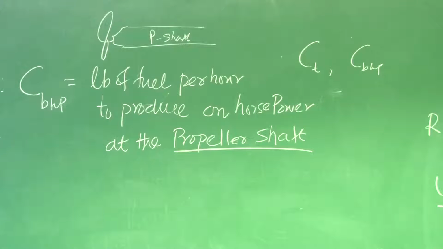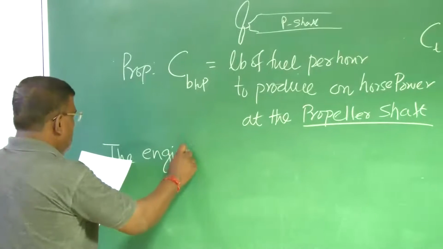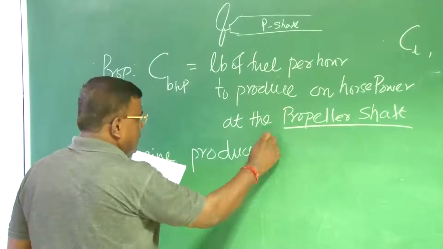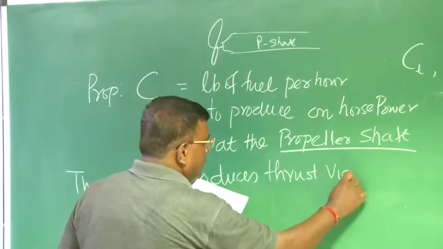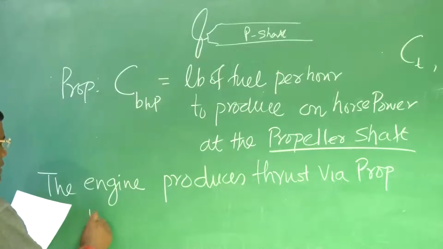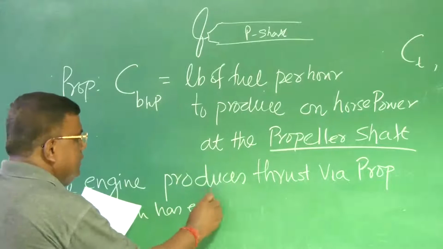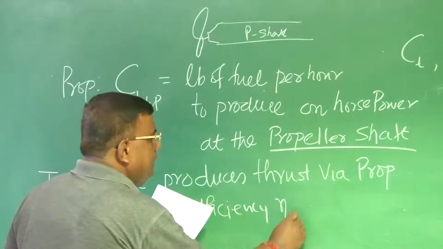What is the physics behind it? We write the engine produces, this is important, thrust via propeller, which has efficiency NP.